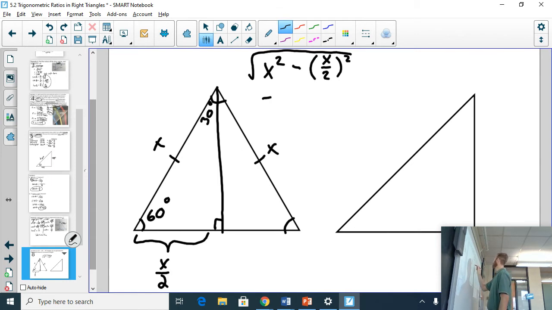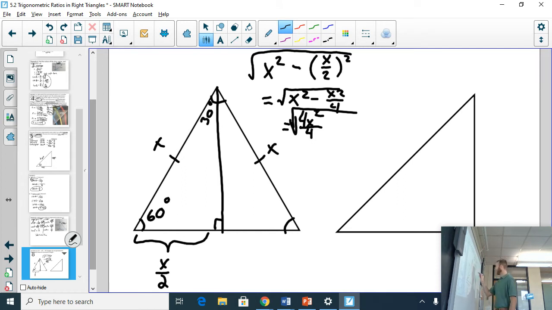That's going to get us the square root of x squared minus x squared over 4. Well, x squared is the same thing as 4x squared all over 4, minus x squared over 4.